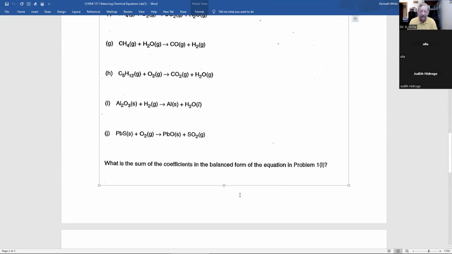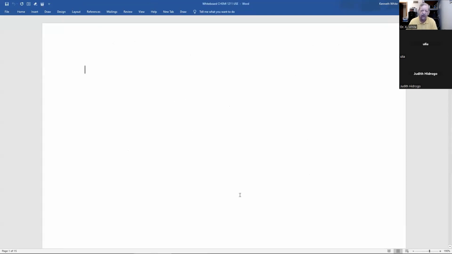Now, yesterday I went through this, but let's go through it again. When you have a chemical equation, the compounds at the base of the arrow are the reactants.